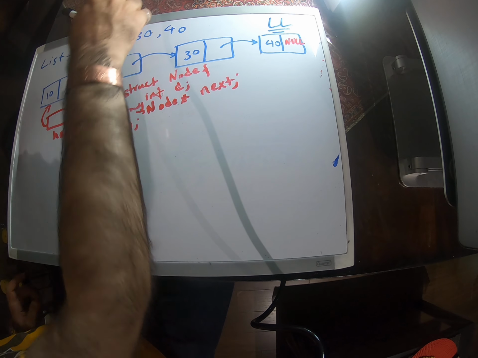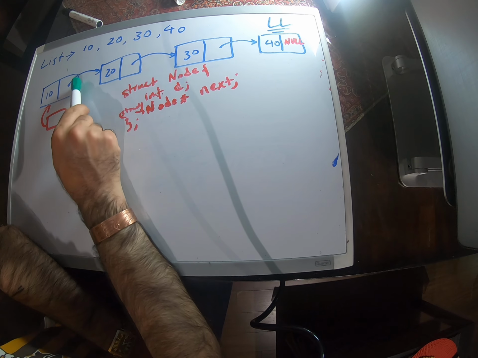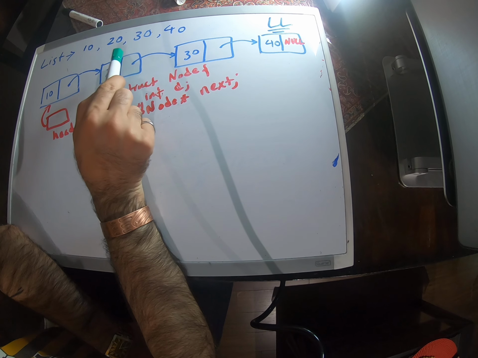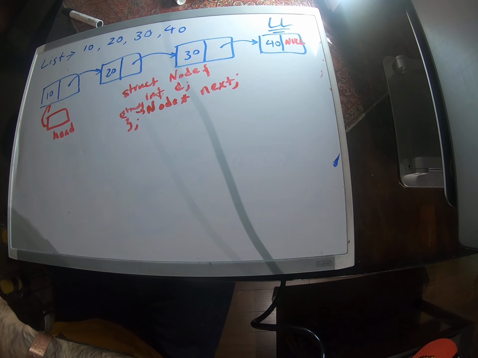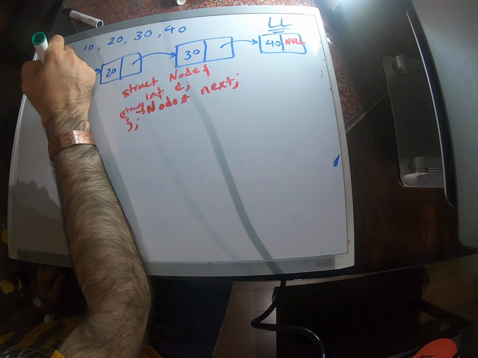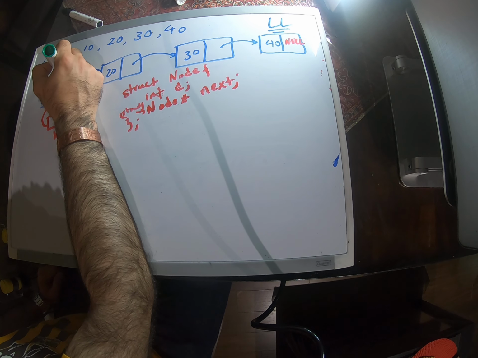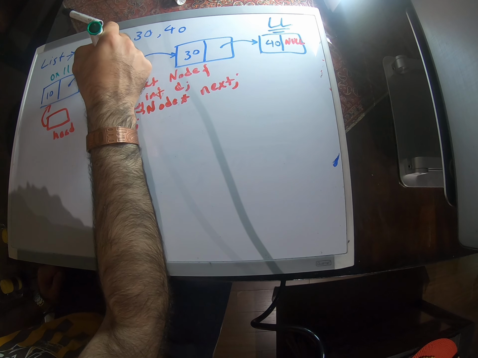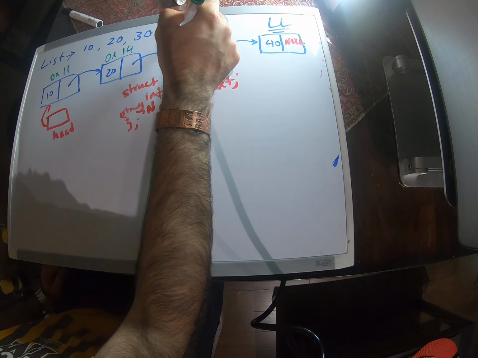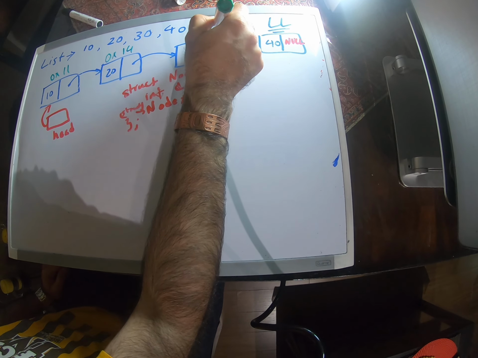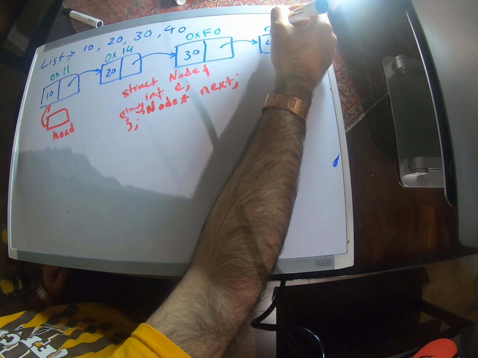Okay, so what the next part of each node stores is the address of the next node. So let's just give random addresses to these nodes. Let's call this one 0x11, this one 0x14, this one 0xf0, this one 0xfa.